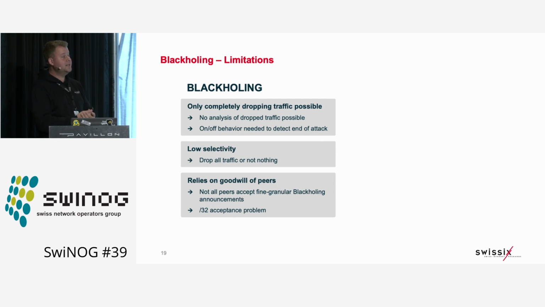And last but not least, it also relies on the goodwill of the peers on the internet exchange. Why? Because in the case of a /24 which is being blackholed, it's pretty easy because we all on our border routers, for IPv4, for example, accept announcements as specific as /24.